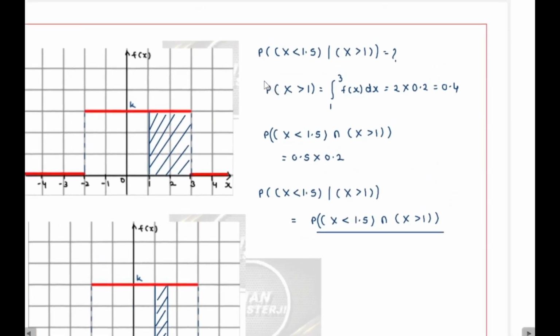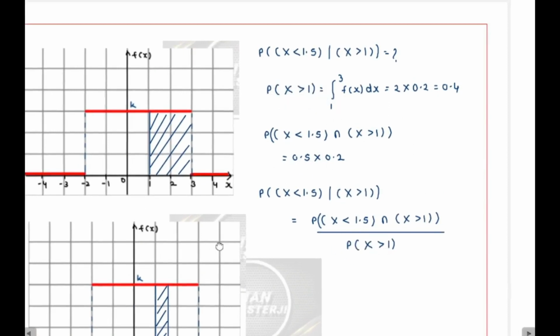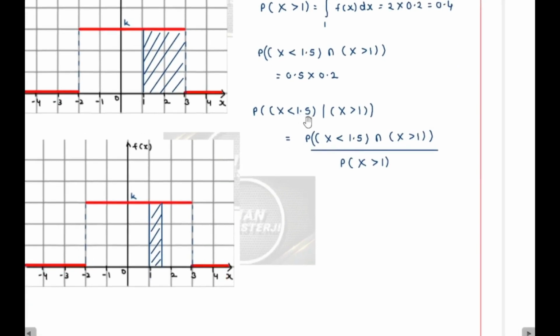What is the given part? Probability of x greater than 1. Correct? That is given. So probability of x less than 1.5 given that x is greater than 1 is equal to probability of x less than 1.5 intersection x greater than 1 divided by probability of x greater than 1.